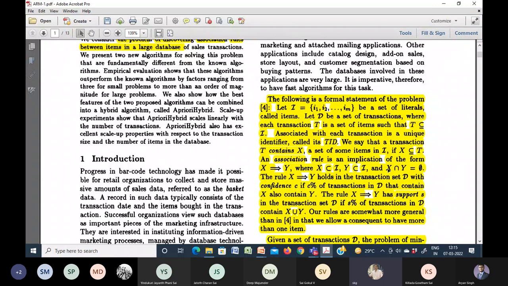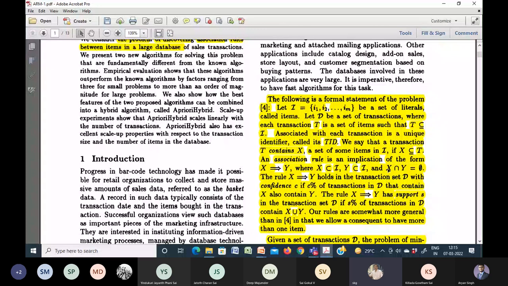Out of that, how much confidence is there? So any association rule, X implies Y, will have a support and confidence associated with the rule. Once I have that, I can say it makes sense to look at this association rule.